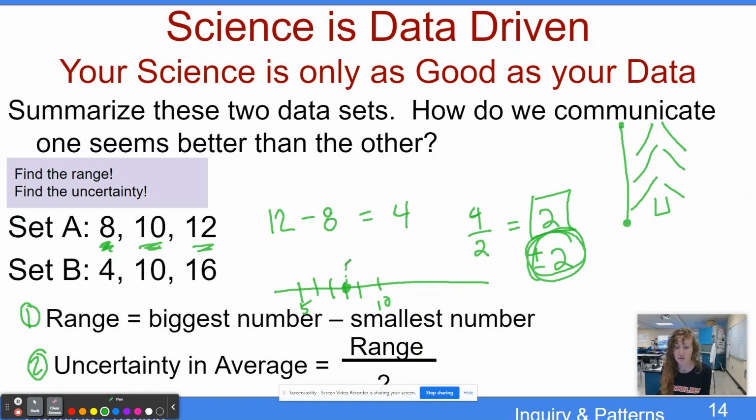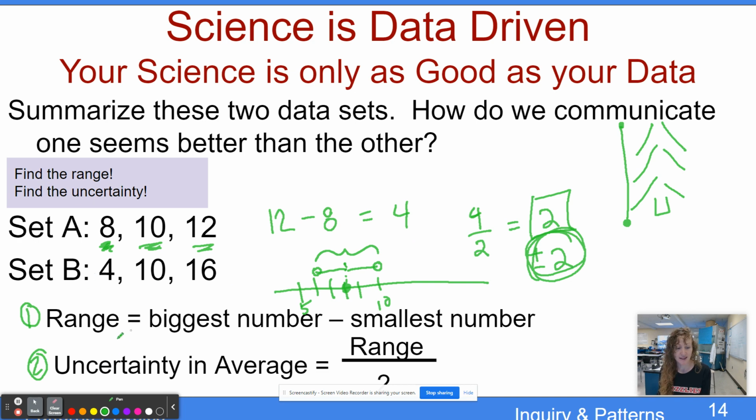Well, we don't exactly know, but we do know that the true height of the tree is either plus 2 from 8 or minus 2 from 8. So the actual height of the tree is somewhere in this range. That is either 2 more than my measurement or 2 less than my measurement.